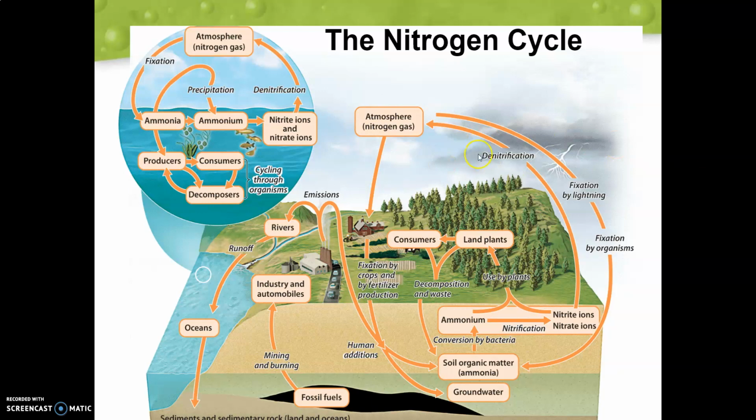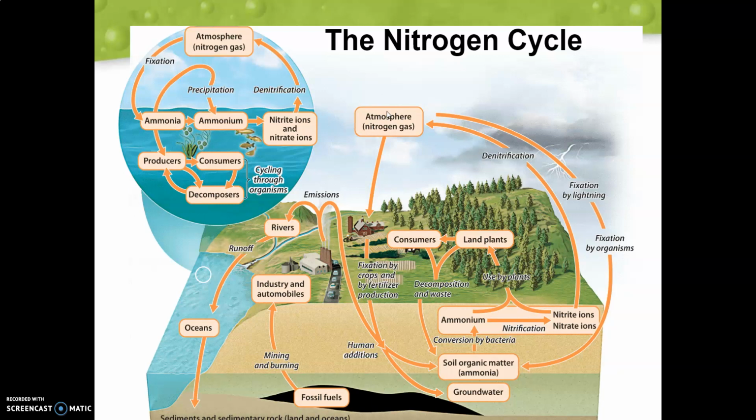And then up here, and it's the same thing down here. So they're converted by bacteria, goes through this nitrification process, converts it into these ions. It's used by plants, and then it can go through this denitrification process back up and forms into nitrogen gas.